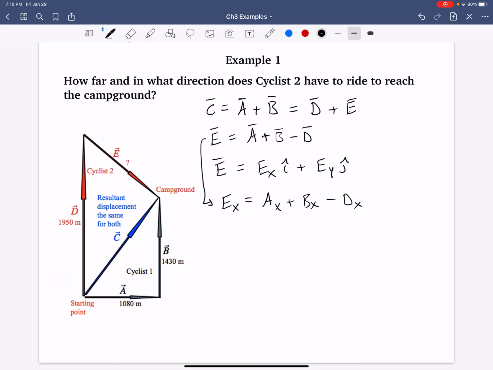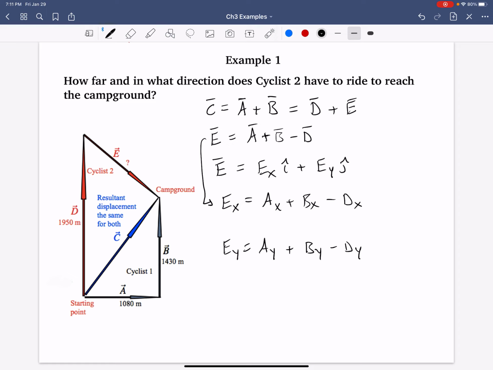And then I'll skip a line and do EY. EY is the same thing, but in y. So A plus B minus D.